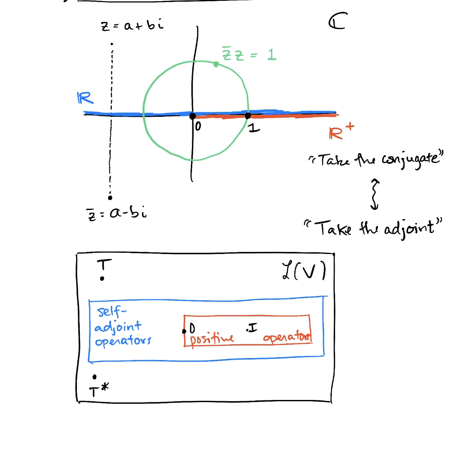If the unit circle up here is the complex numbers with the property that z bar z equals 1, then down here it should be operators with the property that S star S equals I. But you know from 7c what operators satisfy S star S equals I? These are precisely the isometries.